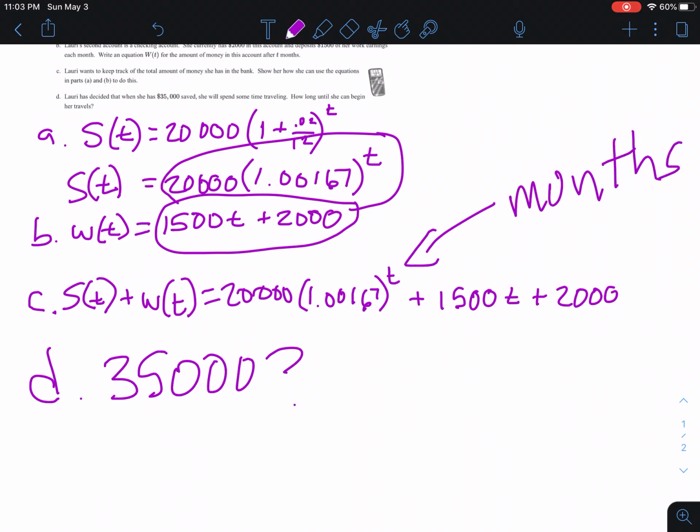You're going to want to just use your calculator for this. Start plugging it in, trial and error, until you get close to 35,000. You'll find out that it comes out to about 9 months. I think when you put the 9 in there, you get something like $35,800. So sometime during that 9th month is when she will hit her target of $35,000.